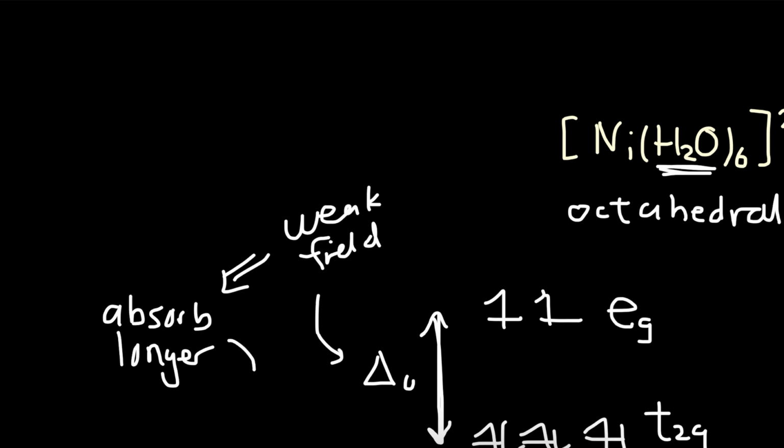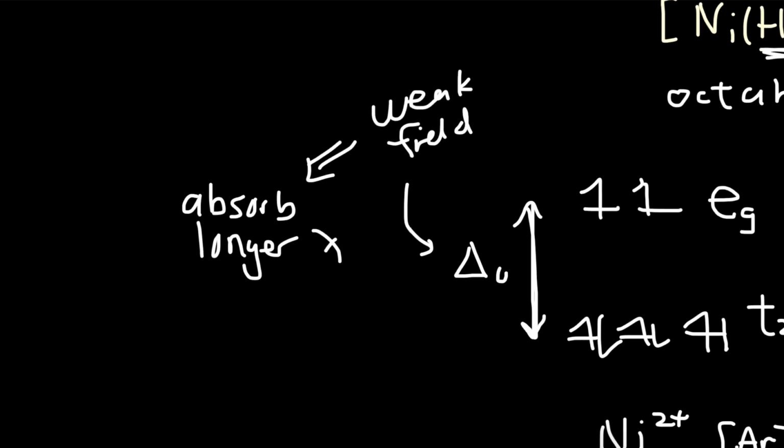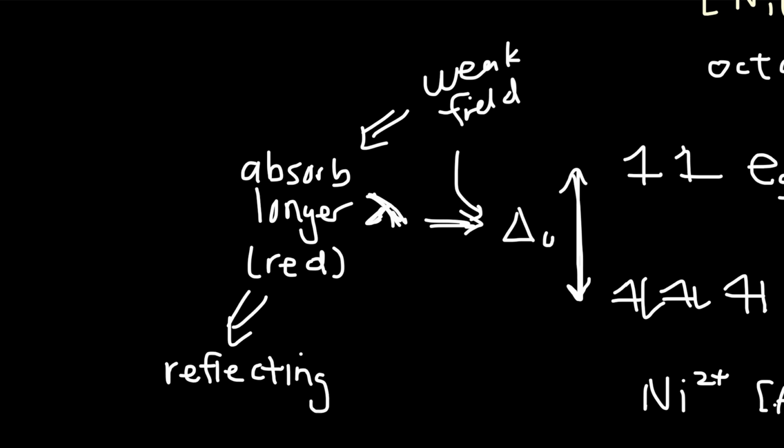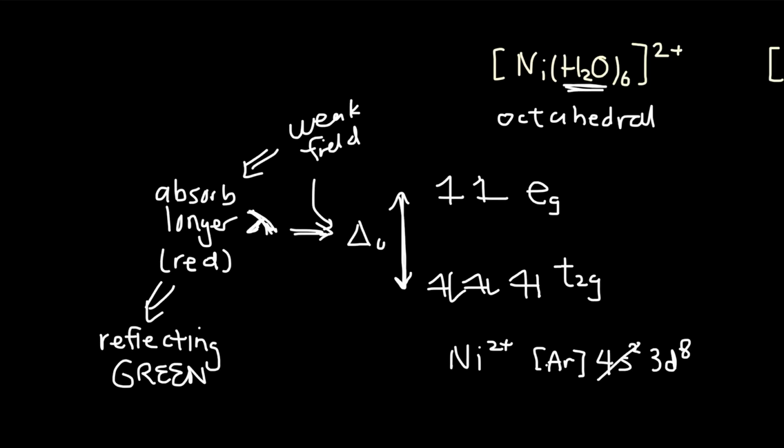A longer wavelength means lower energy, so that's why it has a small splitting energy. Longer wavelengths are like red, orange, etc. Let's just say red. Since this is absorbed, it's actually reflecting something opposite, like green. So this complex is going to be green.